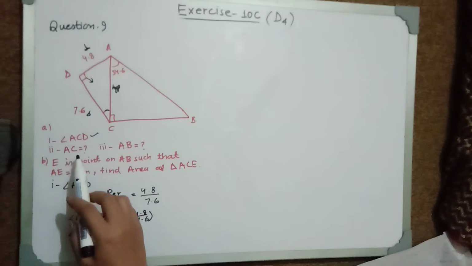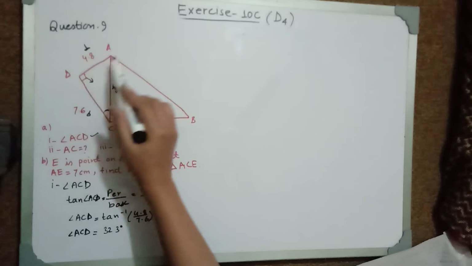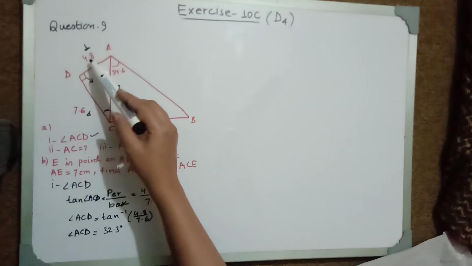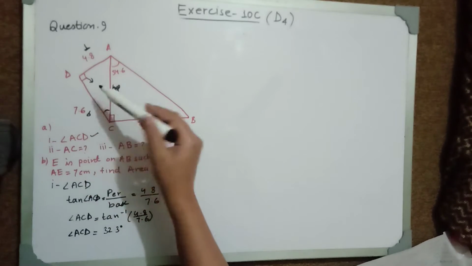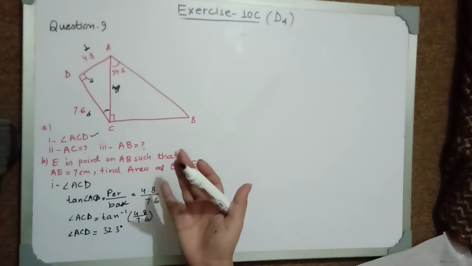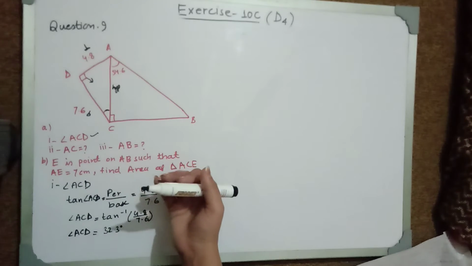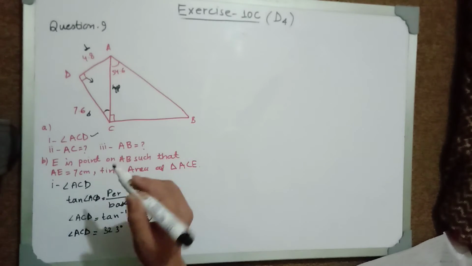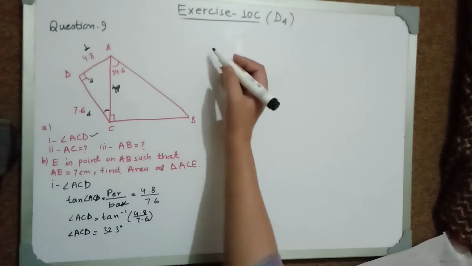The next thing is to find the value of AC in this triangle, which we can easily find by using the triangle ACD, because I know the value of two sides, and by Pythagoras theorem you can easily find the other side if you know the value of two sides, and that is applicable only in case of a right angle triangle.